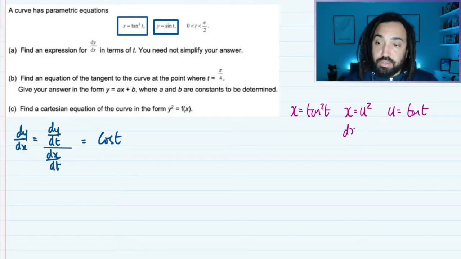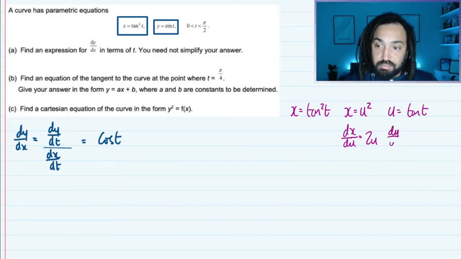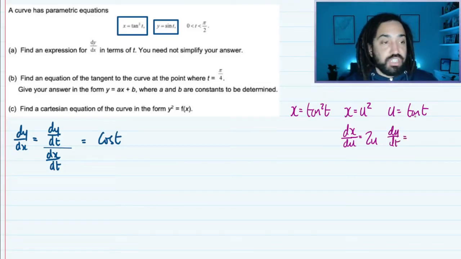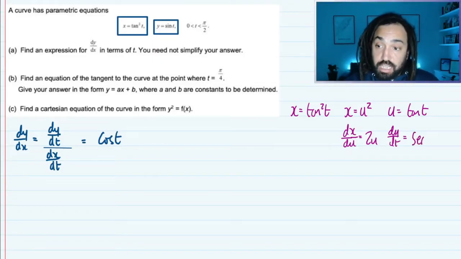And then we can do dx by du is equal to 2u, just differentiating with respect to u. And then we could do du by dt, which is the derivative of tan, which is in your formula book. If you don't know, you can look it up. It is sec squared t.